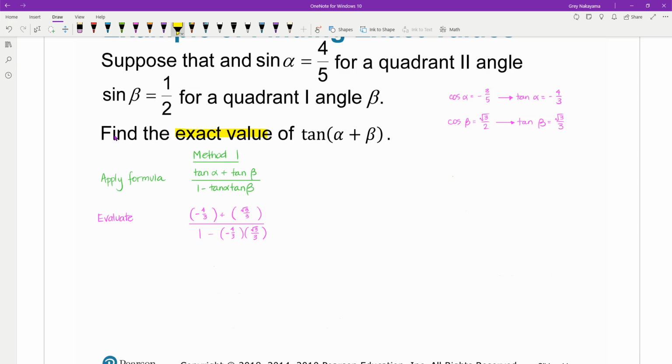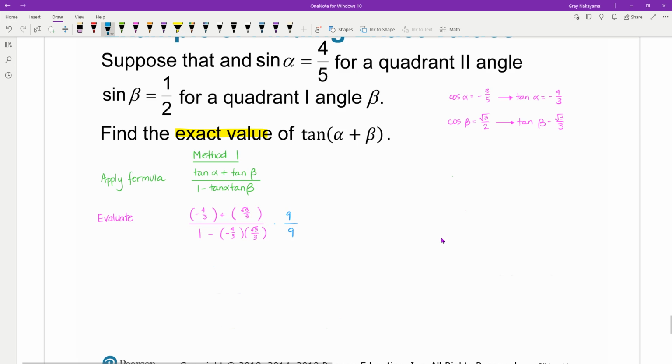Remember I said to simplify, this is the hardest part of it, simplifying it. I'm going to get rid of my complex fraction first. You look, this denominator is 3, this one is 3, but this one is 9. So I have to multiply the top and the bottom by 9 this time.